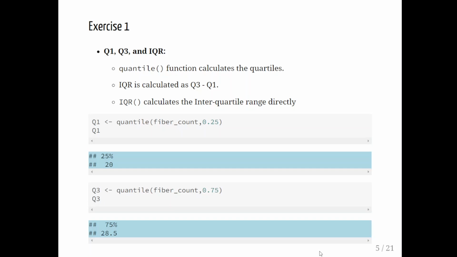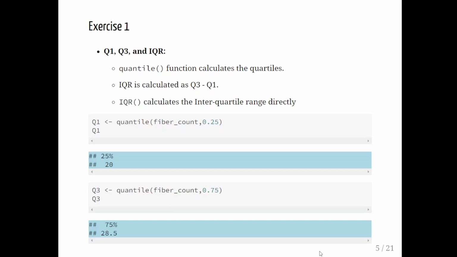Q1, Q3 and IQR. The quantile function calculates the quartiles. Quantile and quartile are two different words, but more or less quartiles are quantiles. The interquartile range is measured as the difference between Q3 and Q1, but you can also calculate this directly using another command, IQR, capital I, capital Q, capital R. Q1 is the quantile of fiber count, that's our data set, at the 25th percentile, so 0.25.